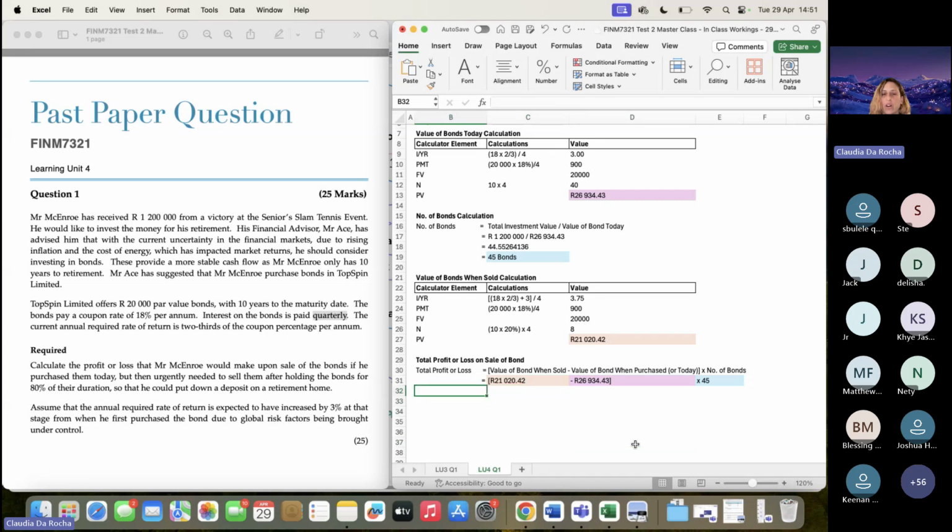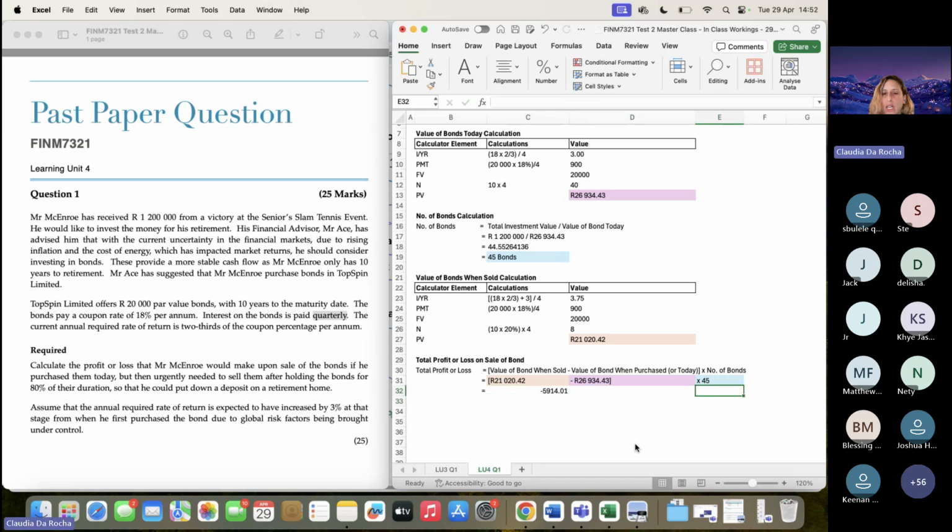So if we calculate this, it is 21020.42 minus 26934.43.